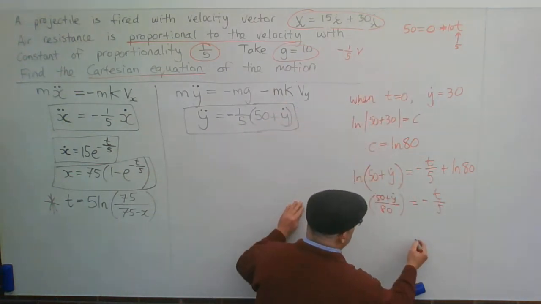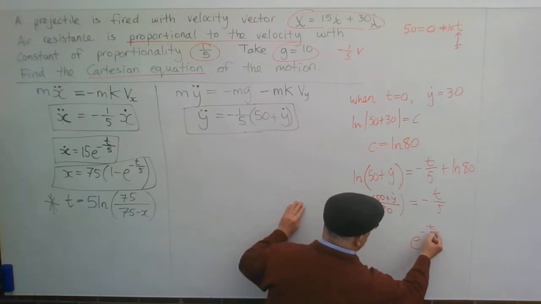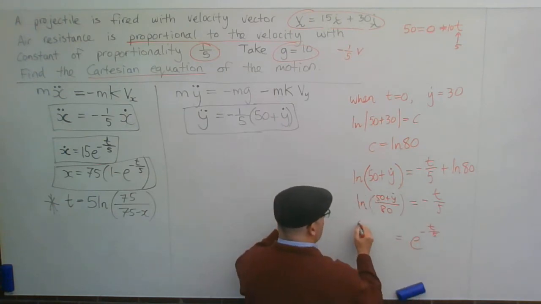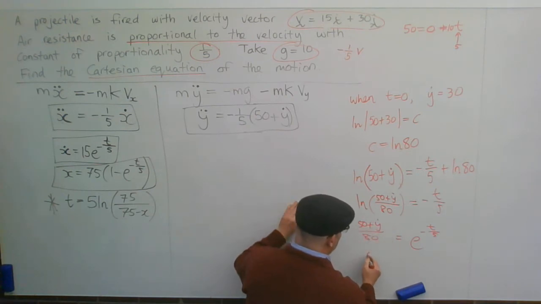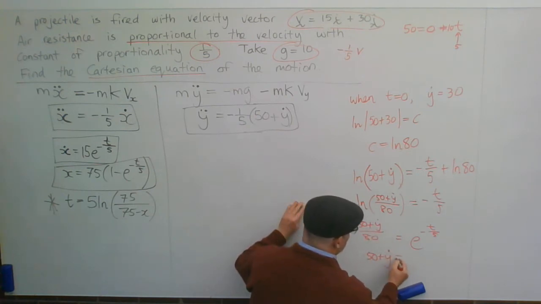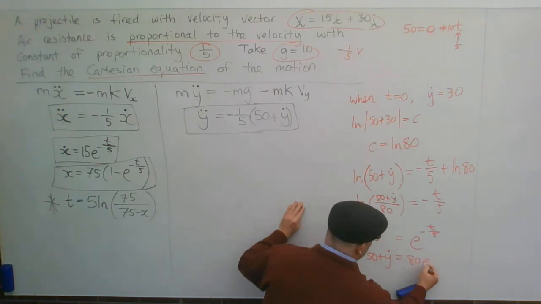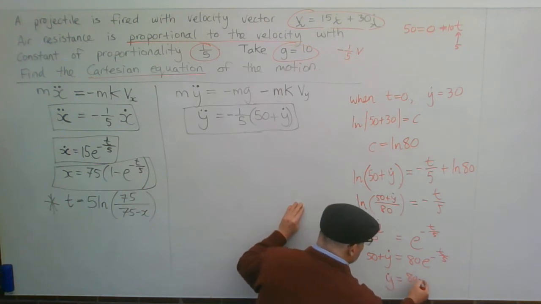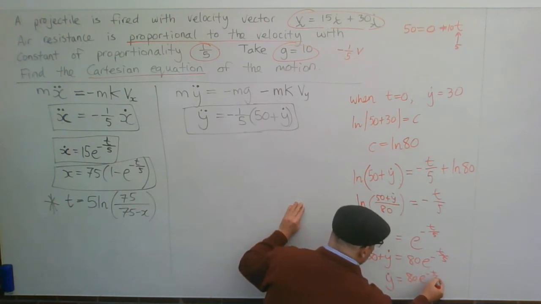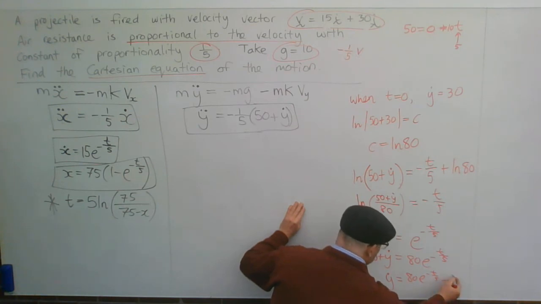We get e to the minus t on 5 equals 50 plus y dot on 80. So we get 50 plus y dot equals 80 e to the minus t on 5. So y dot equals 80 e to the minus t on 5 minus 50.